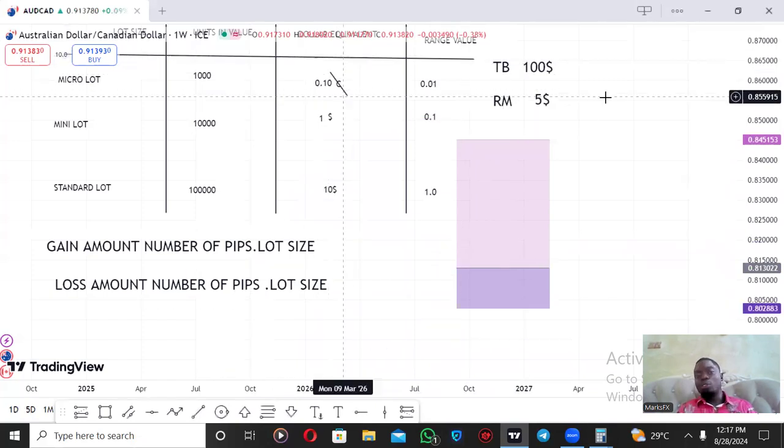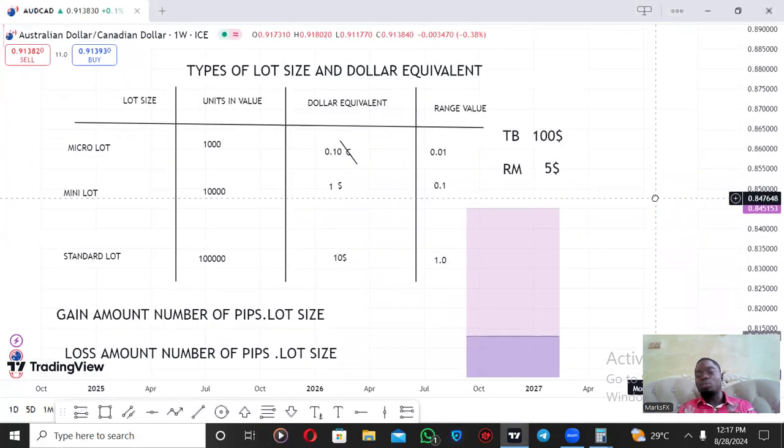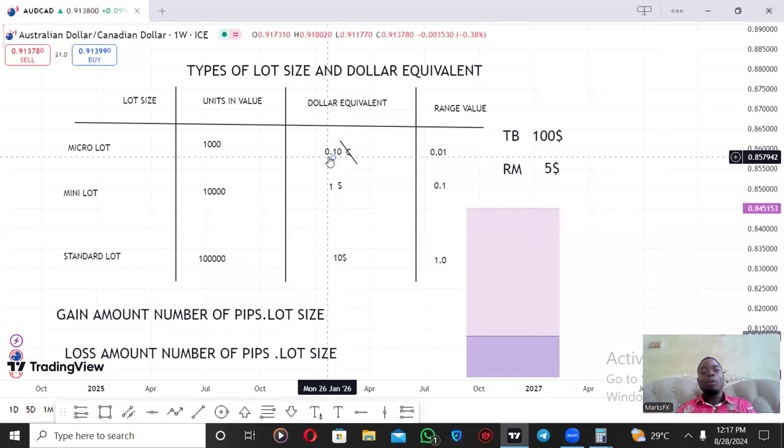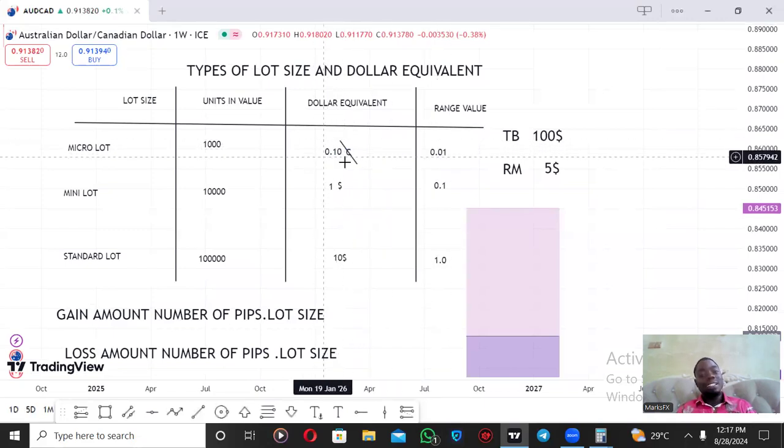We use the dollar equivalent, because if price goes against you, you are not going to lose your lot size. You are going to lose your dollar. So take note, for every 0.01 lot size, you are getting 10 cents.